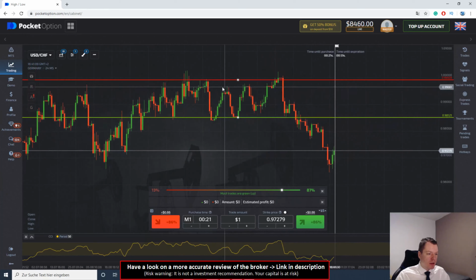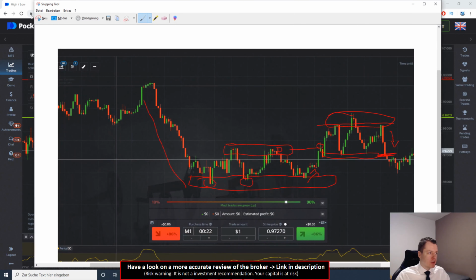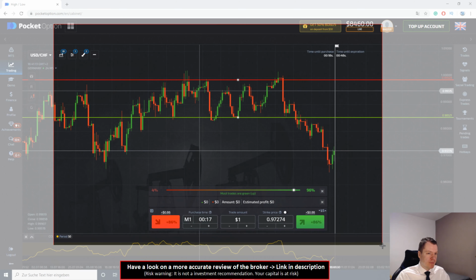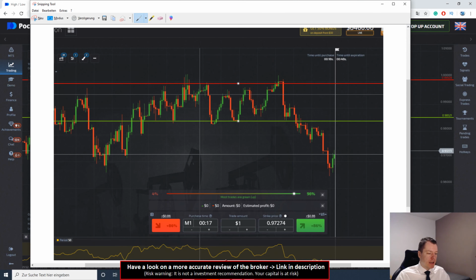This is a typical range. I will mark it for you so you can spot these things very easily. In combination with the CCI, this indicator here below, you can use it for confirmation.